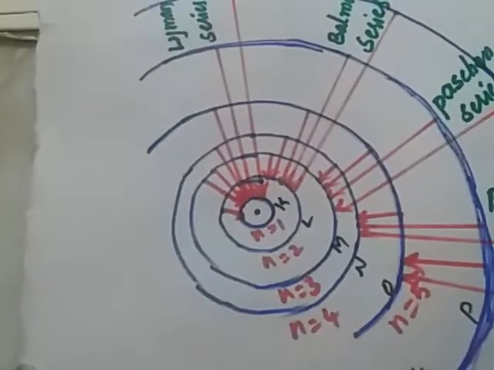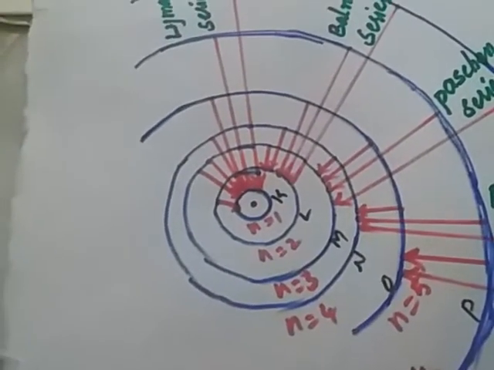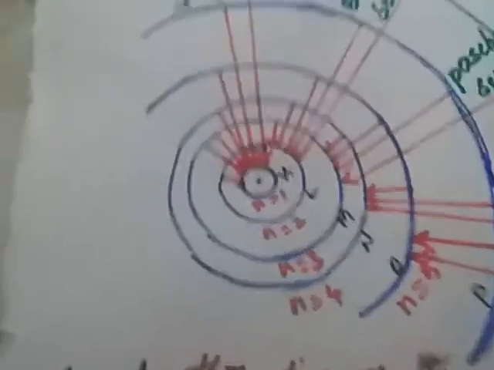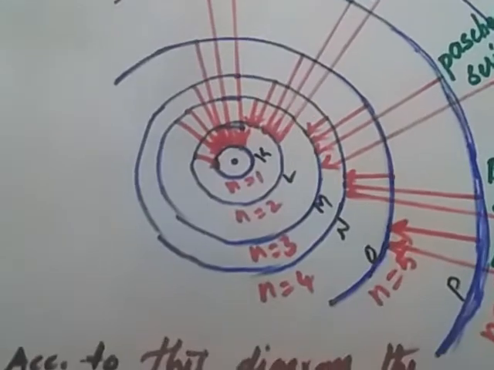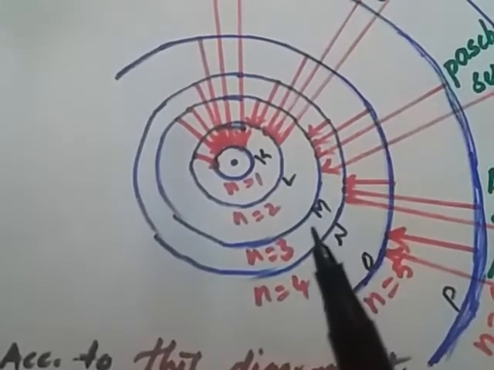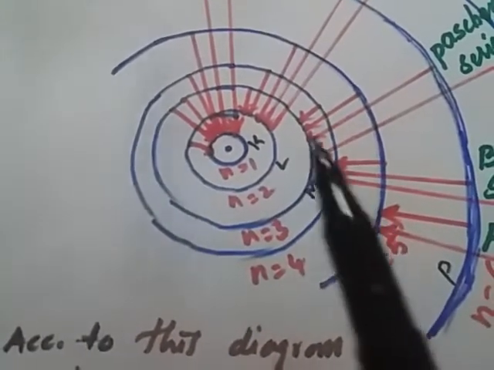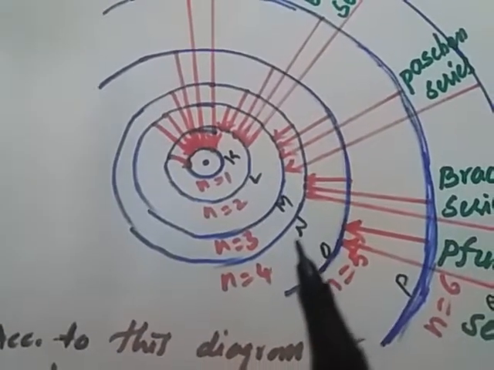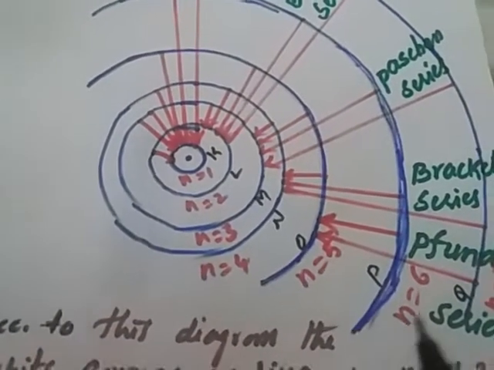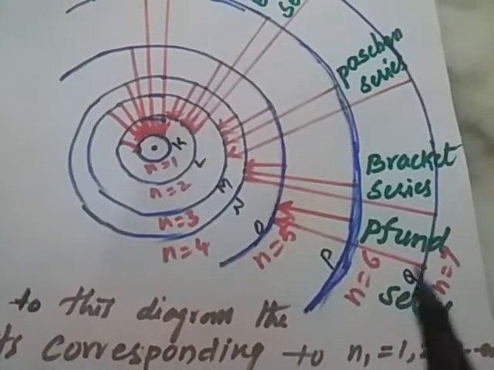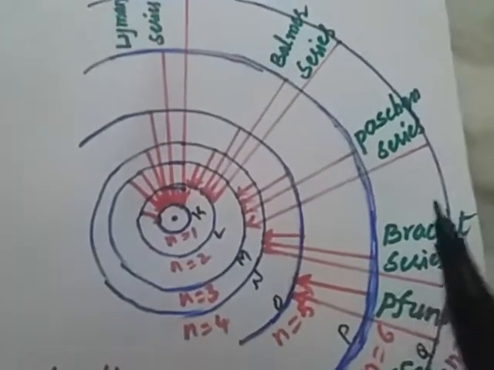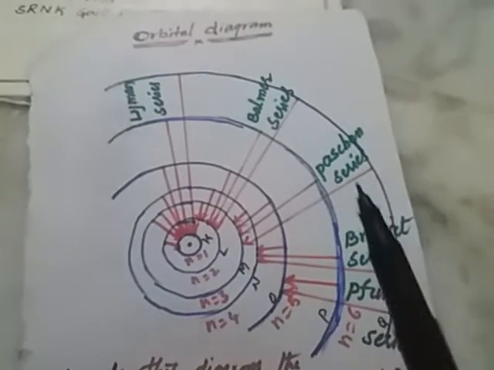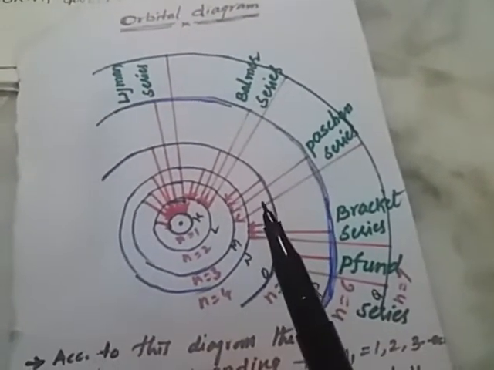The first shell is K and the second shell is L, and n equal to 3 is called the third orbit or M shell, and n equal to 4 is called the fourth stationary orbit or N shell, and n equal to 5 is O, n equal to 6 is P, and n equal to 7 is Q, and so on. Different orbits can be drawn in an orbital diagram.